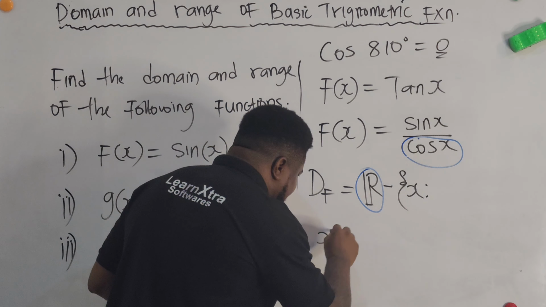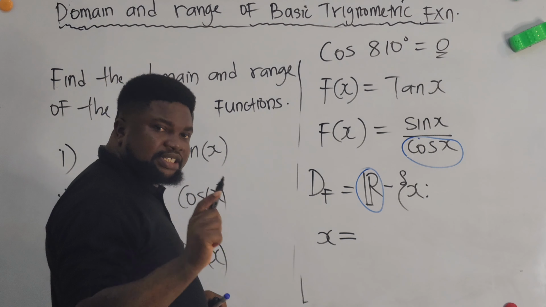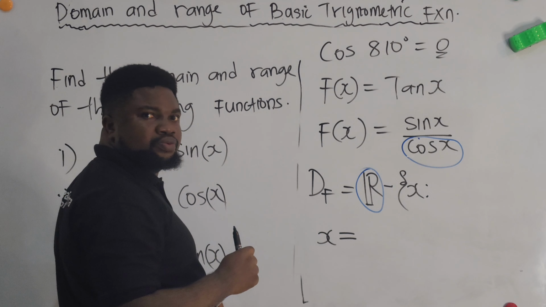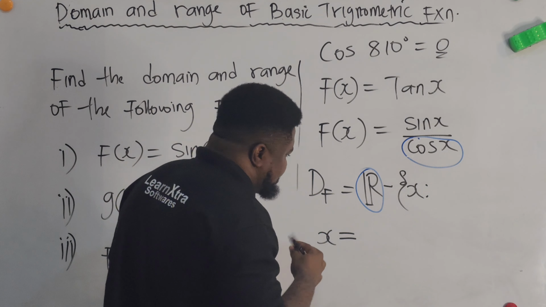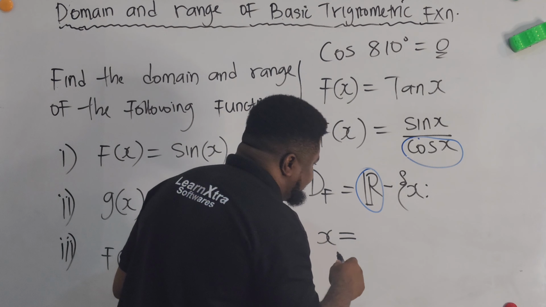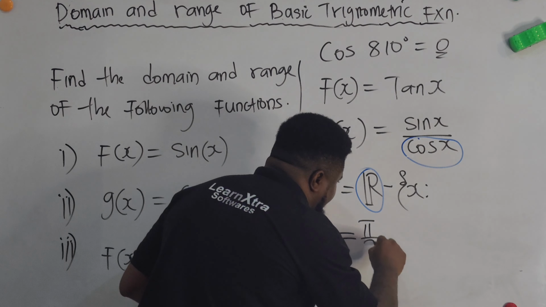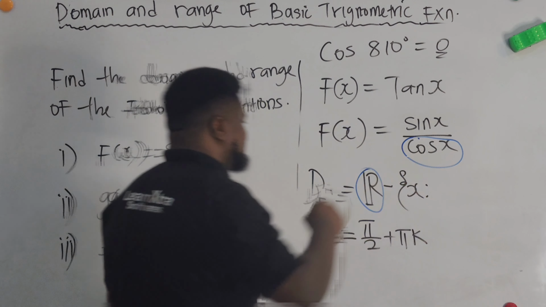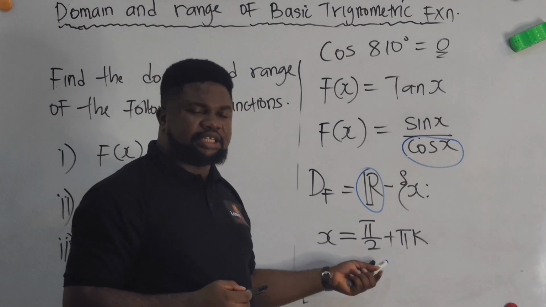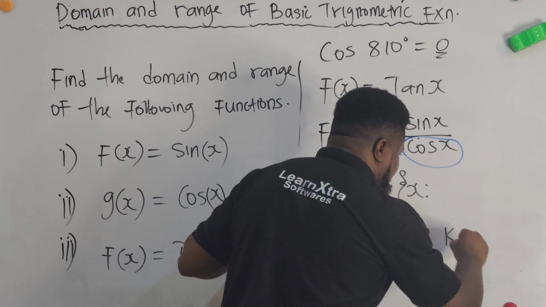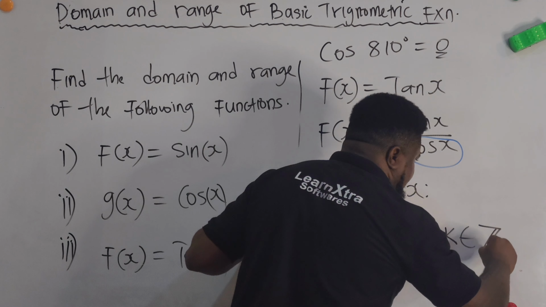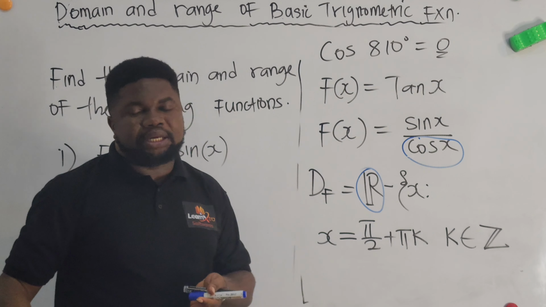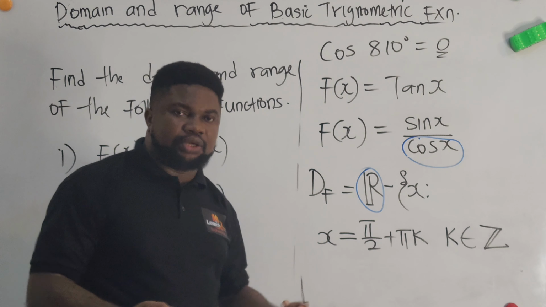When x is equal to pi over 2 plus pi k, where k is an integer, meaning k can be minus 1 or 1, minus 2 or 2, or even 0.